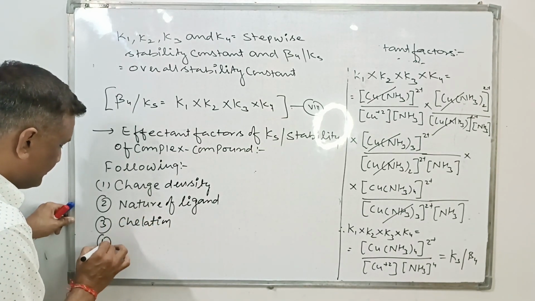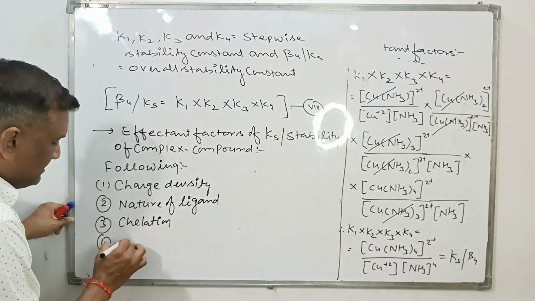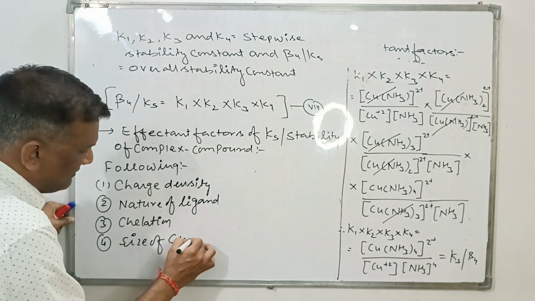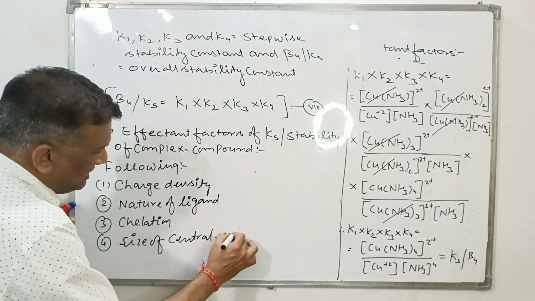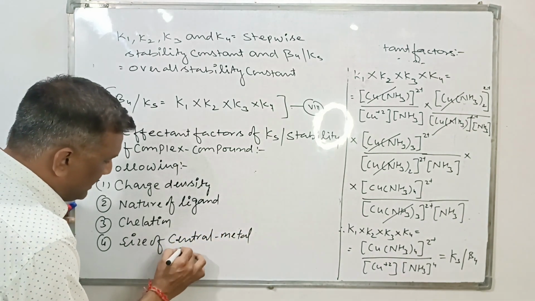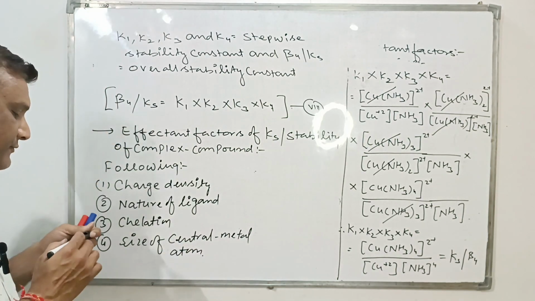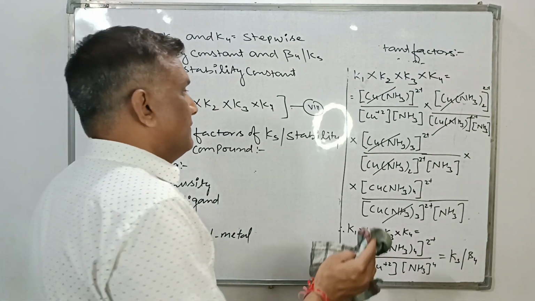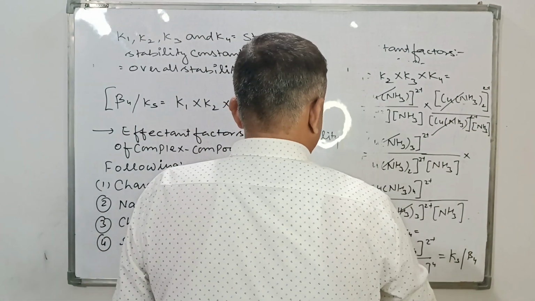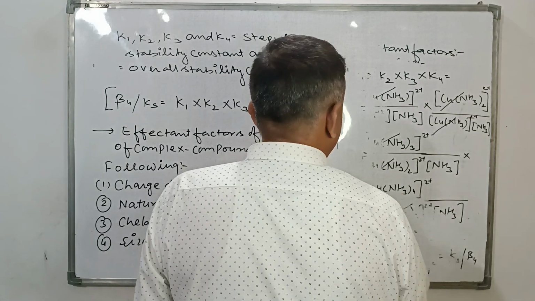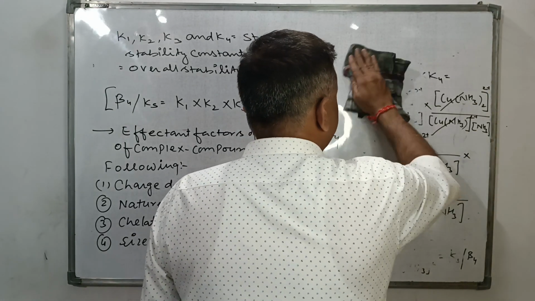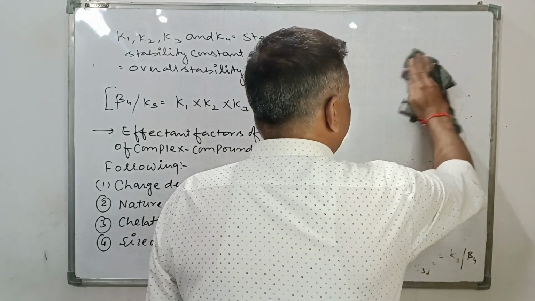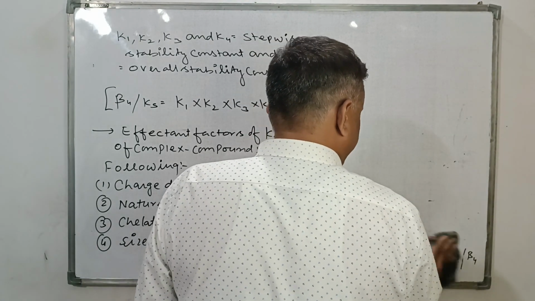And fourth is your size of central metal atom. These are the four effecting factors. If we go with the first factor, what is that? I will use William Irving law also, because it was discovered by William and Irving, the names of two scientists.